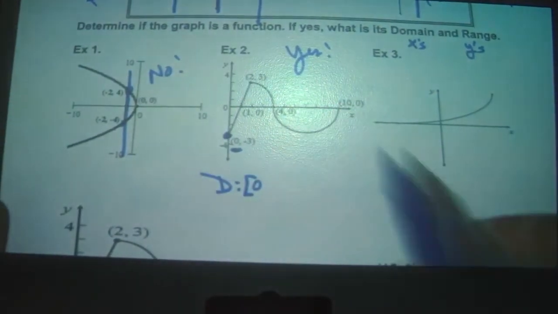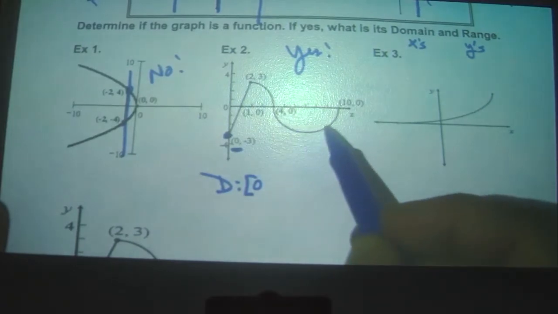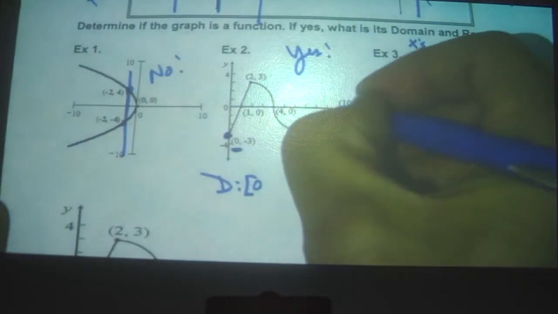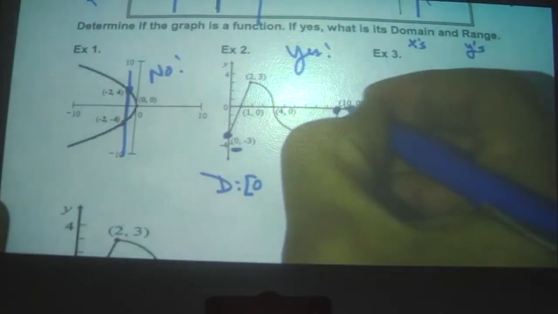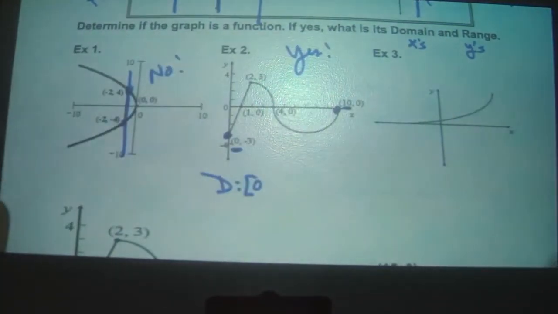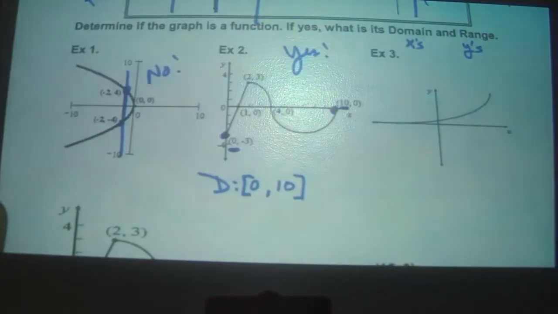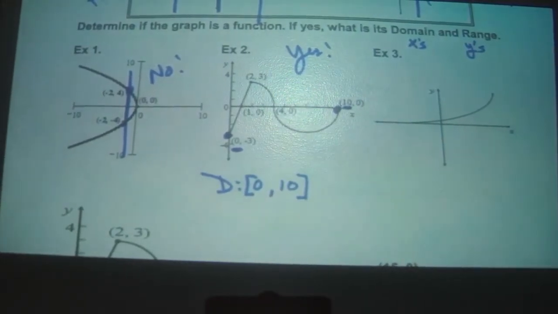Okay? And then it keeps going to the right, and stops right there. What's that x value? Is it 10? It's inclusive, it's part of the graph, so it's 0 to 10.